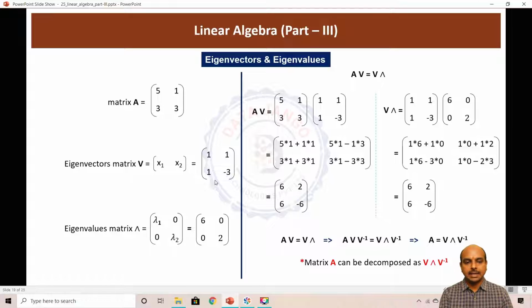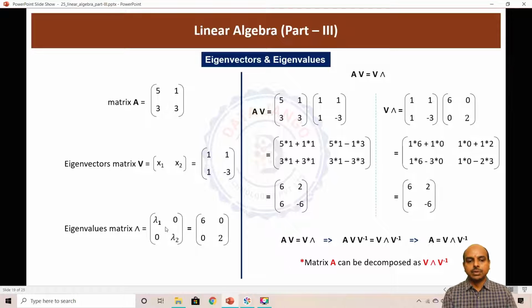When you multiply V, lambda and V inverse, you will get A. So that means A is decomposed into the two matrices V and lambda, where V, the eigenvectors matrix, contains the essence of the matrix, and eigenvalues explain how much essence each vector extracted. So eigenvalues and eigenvectors are in pairs. Lambda 1 and the first eigenvector are a pair. Lambda 2 and the second eigenvector are a pair.